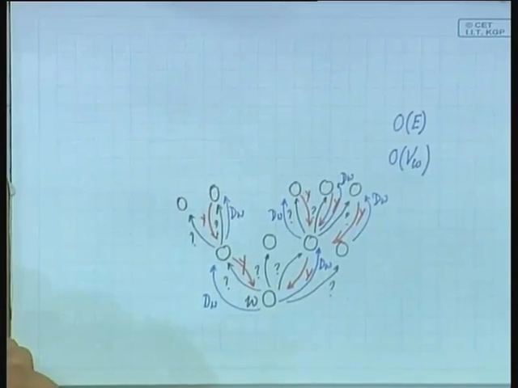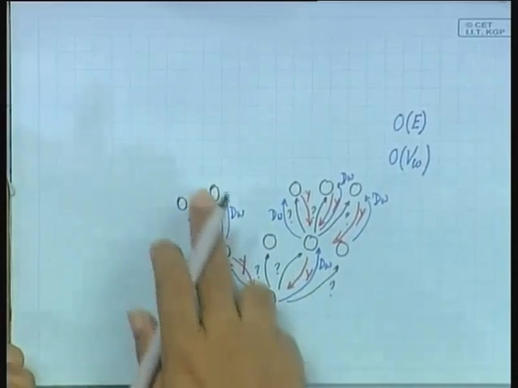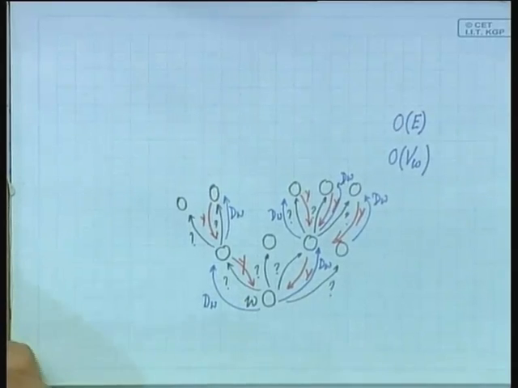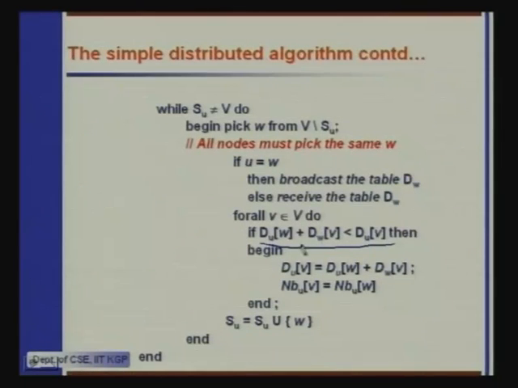Once DW reaches all the nodes on the tree, they continue with Floyd Warshall's algorithm, updating once they get DW, and in the next iteration it picks another W. Then from that W again the same thing happens.